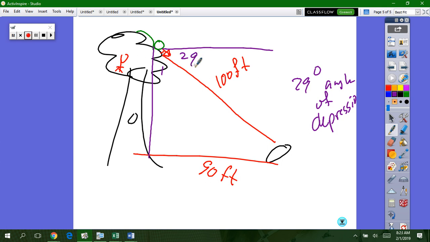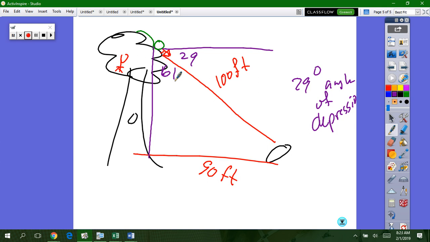So what is this angle right here? 61, because this is a right angle, right? Everybody good there? Well, we're assuming it's straight up and down there. Okay. So my question to you is this, let's find this hypotenuse and see if it's okay that I bought 100 feet.